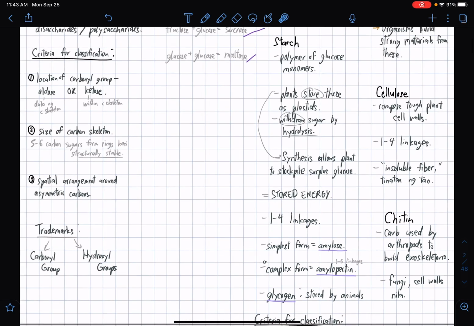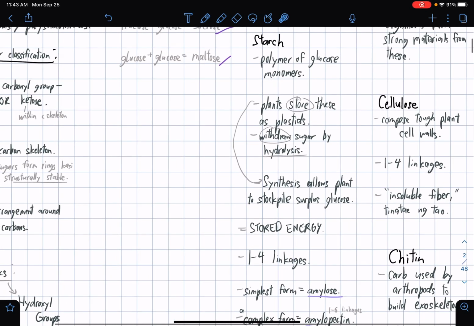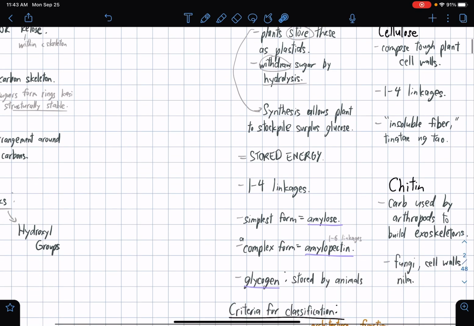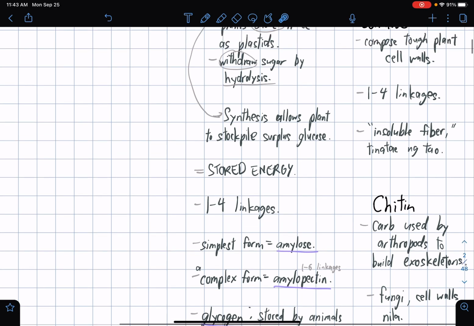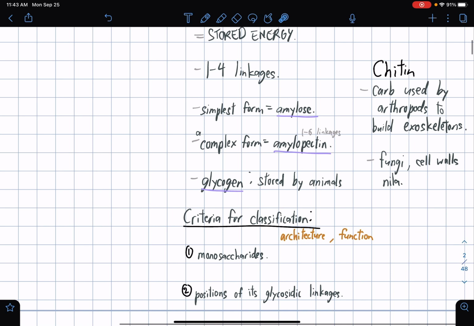So, you don't really have to know the specific parts, but review at your own pace. Review according to what you have to prepare for. So for starch, we have 1 to 4 glycosidic linkages. The simplest form is called amylose, and the complex form is called amylopectin.